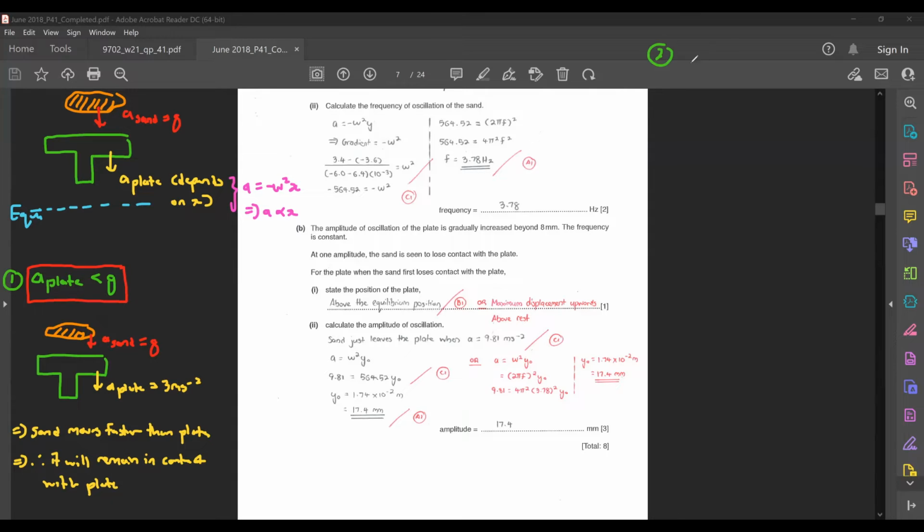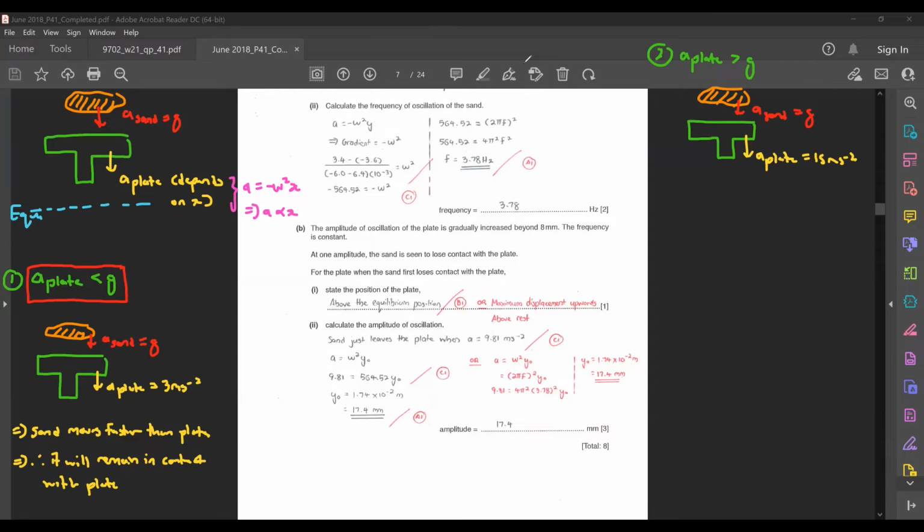If I tell you that the acceleration of your plate is more than g, you again now have something similar. This is your plate, whose acceleration now is probably 15 meters per second squared. And then after that, your sand is right over here, where the acceleration remains at g.